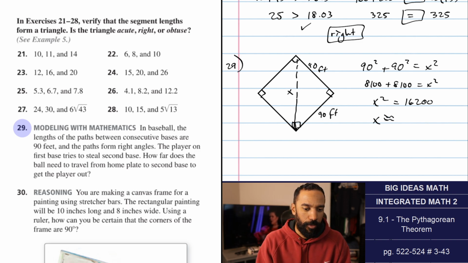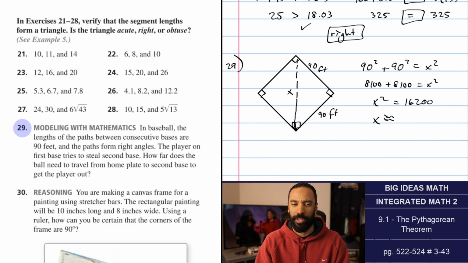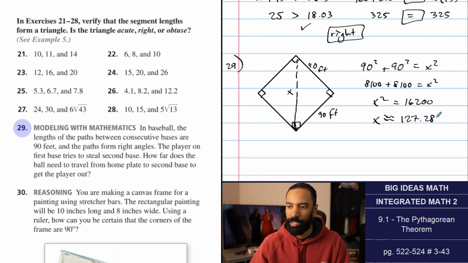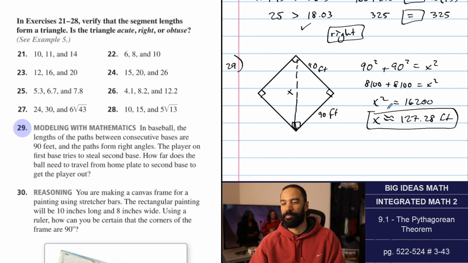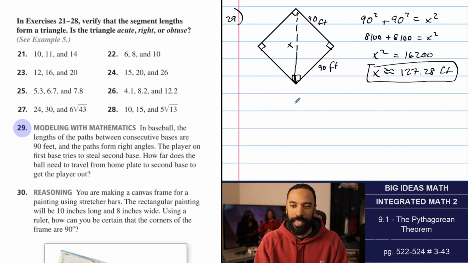The square root of 16200 is 127. Oh, it's more than 120. 127 point, let's do 2 decimals, 28 feet. That's me using my calculator at the end. Okay, and that's how far the catcher has to throw it.